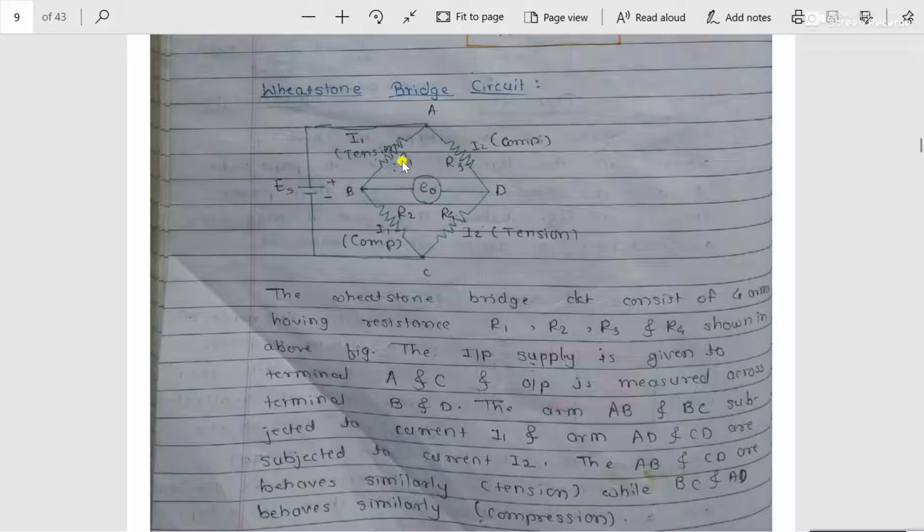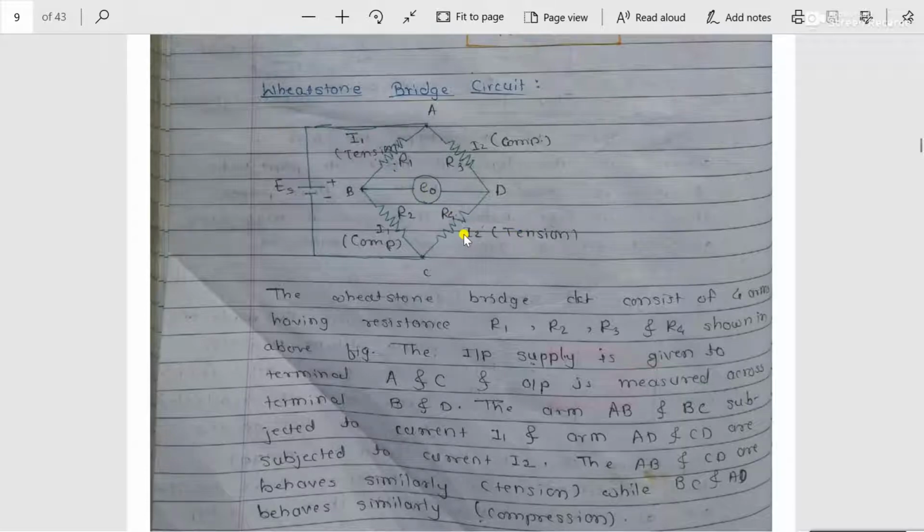That means if arm number 1, having the resistance R1, is subjected to tension, then arm number 4, which is in front of arm number 1 and has resistance R4, is also subjected to tension.